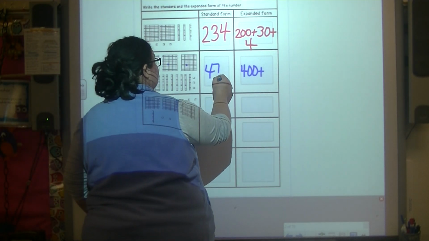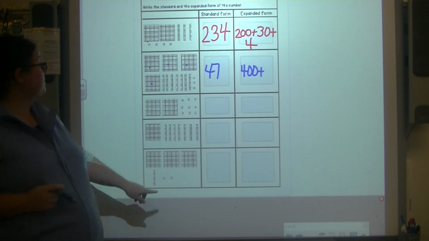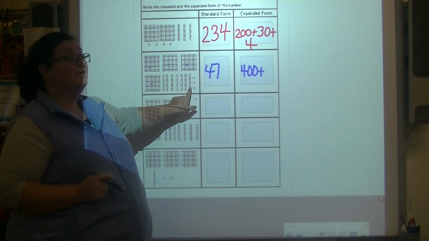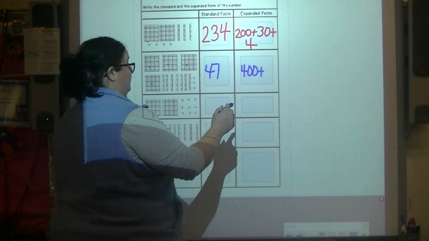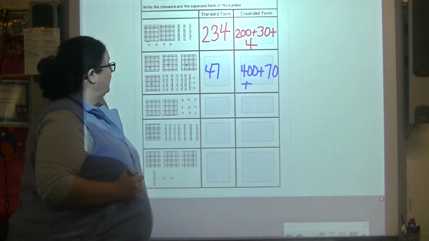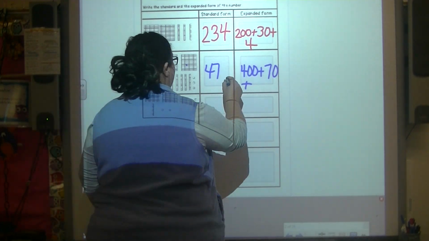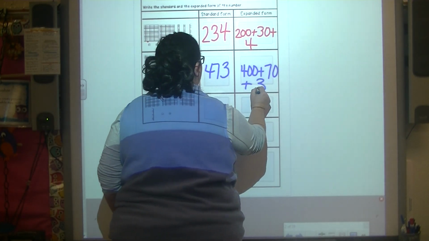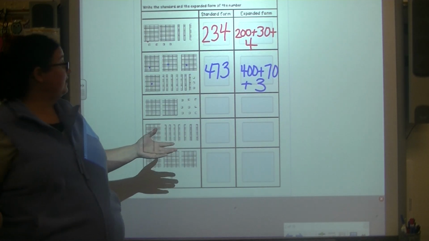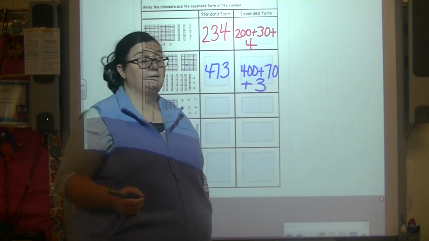All right, what is 7 tens equal to? 70. Let me make sure. 10, 20, 30, 40, 50, 60, 70. And I have 1, 2, 3 ones. So 473, or my expanded form, 400 plus 70 plus 3.